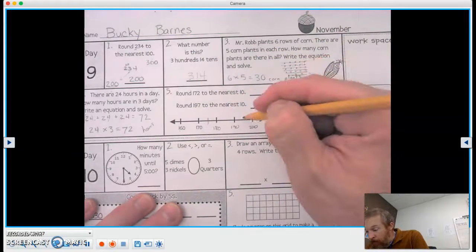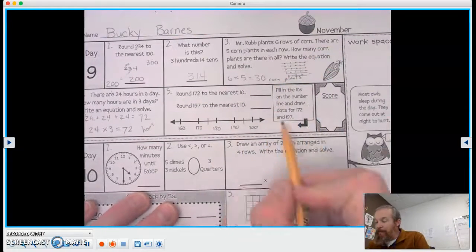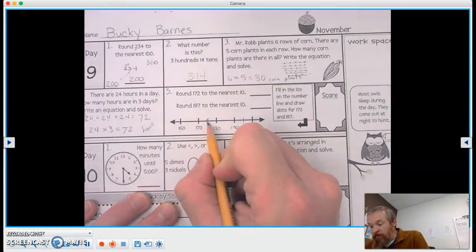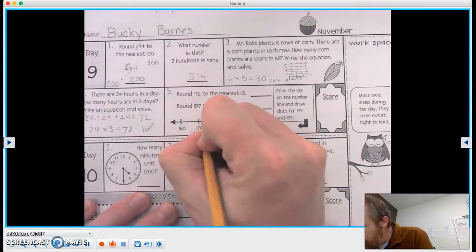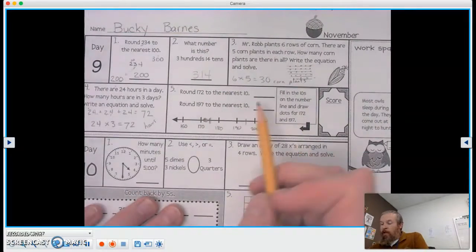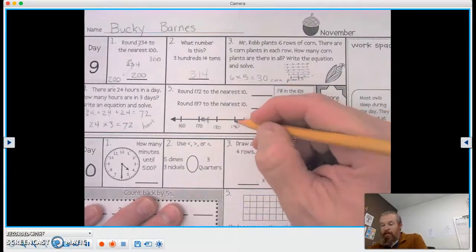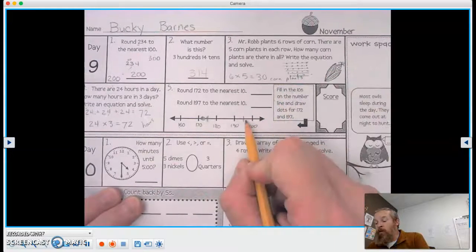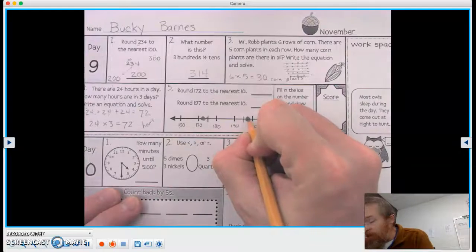And here's about 195. Is 172 more than 170 but less than 175? Yes. So we're going to put a big dot about right here. And 197. Is it larger than 195 and less than 200? Correct. Put a big dot up there.